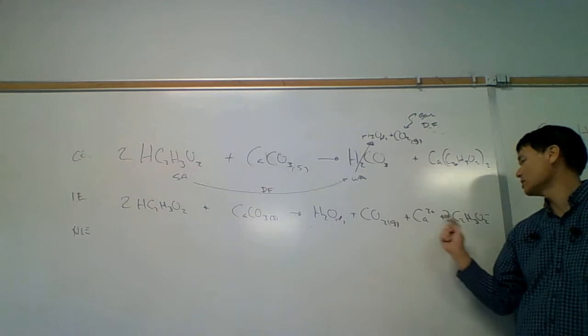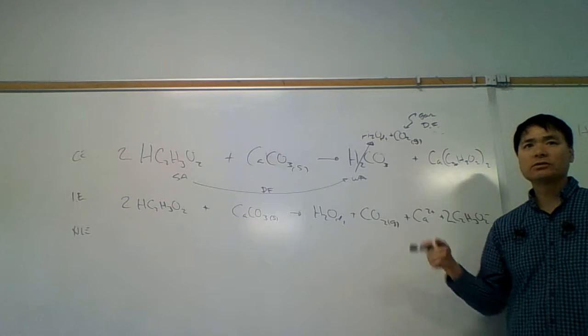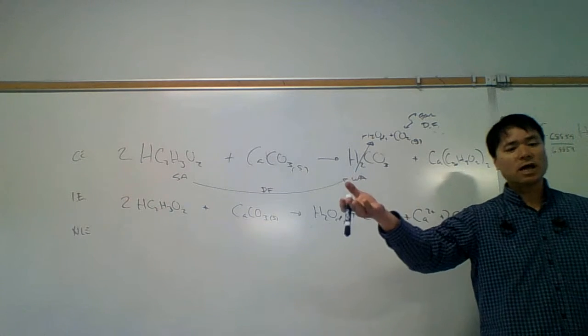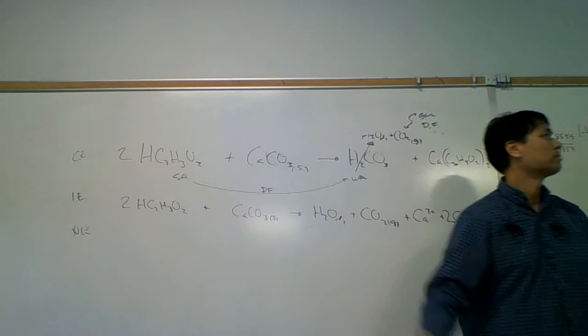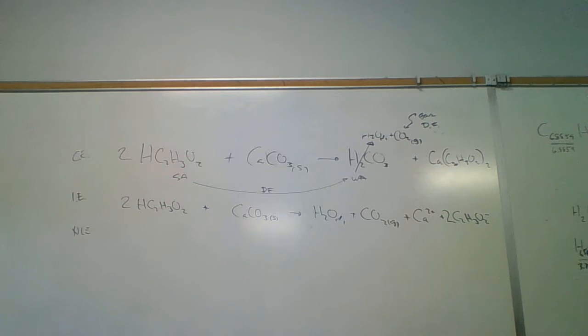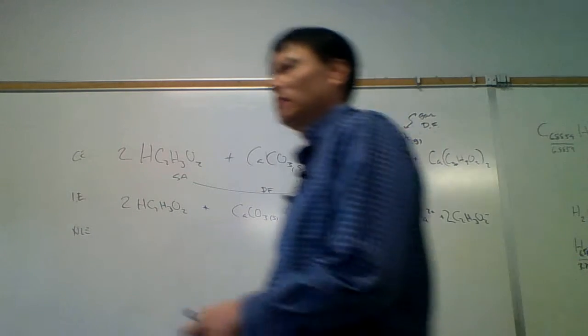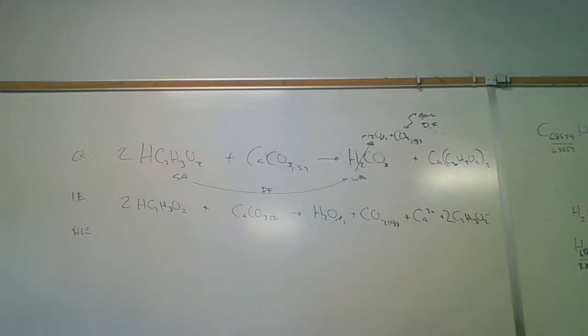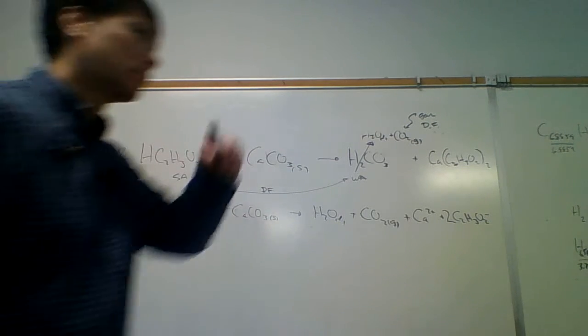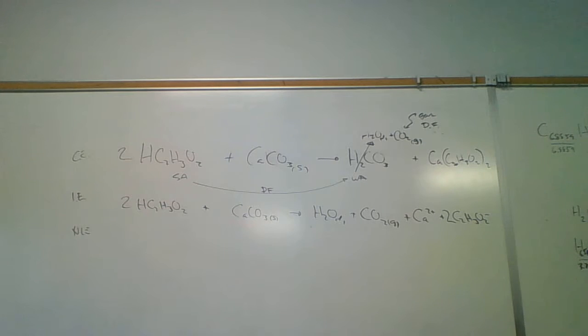No, I see acetate. Acetate and acetic acid are 2 different things. Acetic acid is an acid, acetate's actually a base. The acetic acid on the left is acetate on the right, that's a base. So that changed, the acetic acid reacted.